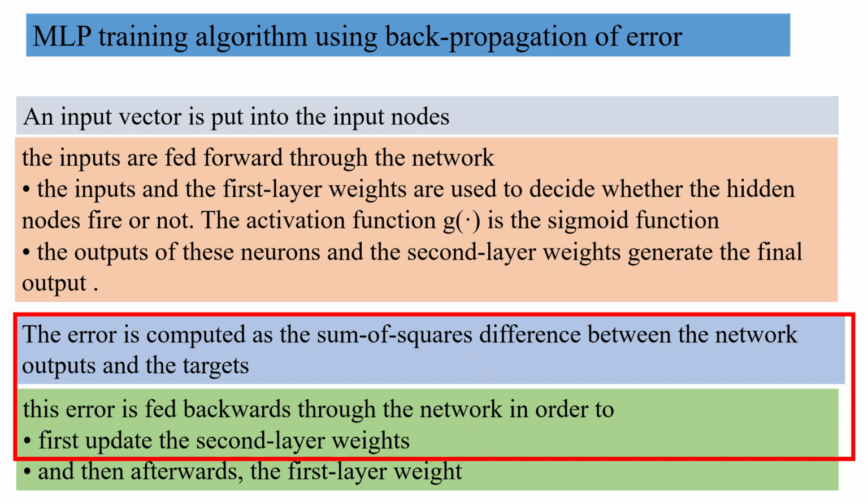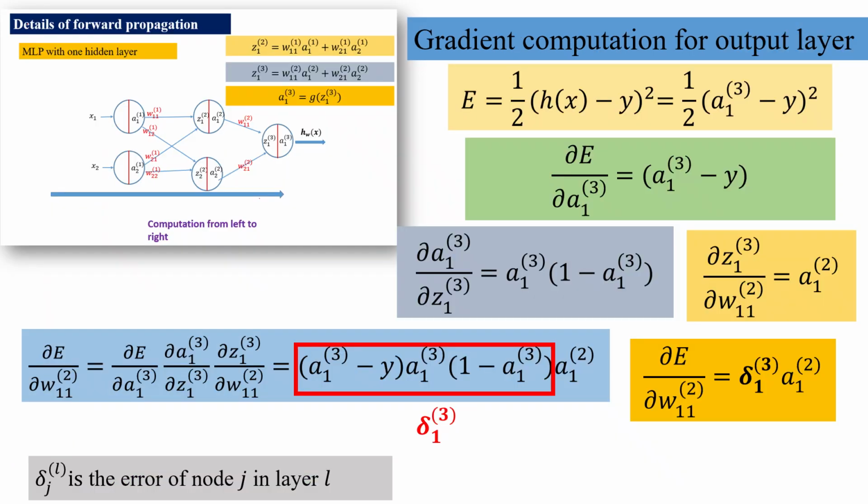Next step in my MLP algorithm is the computation of error as sum of squares, difference between the output and targets, and then to compute the weights connected to the output layer. This we have also seen in a previous video, but I'll just go through it quickly for recap.